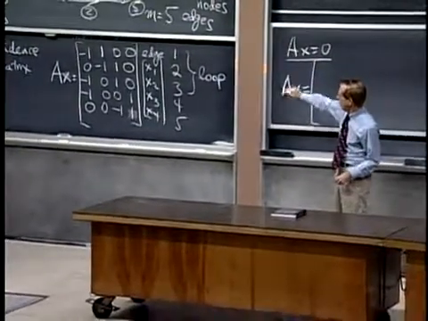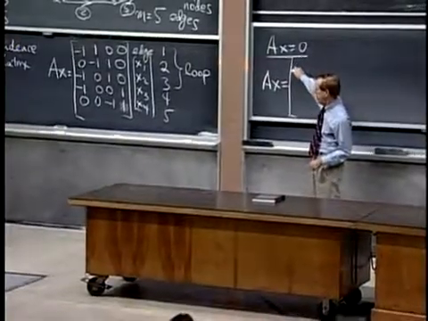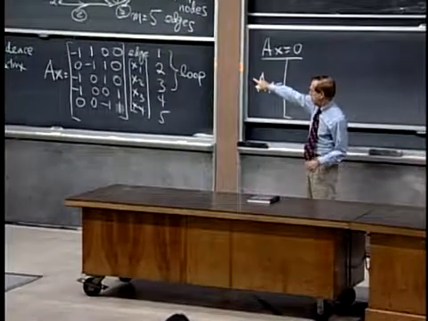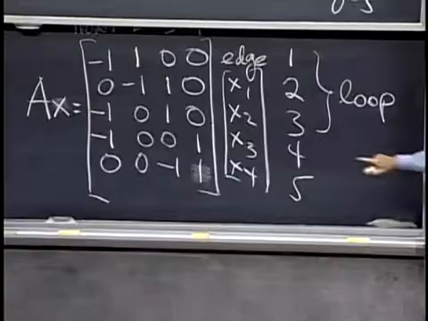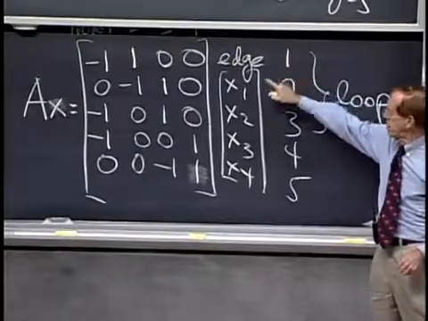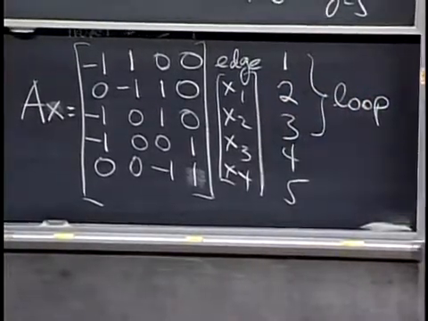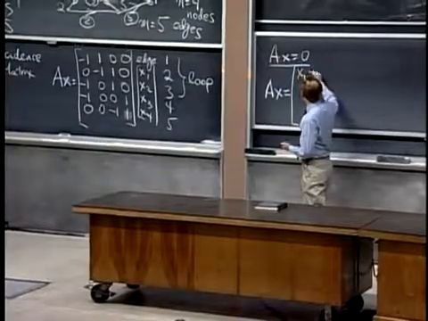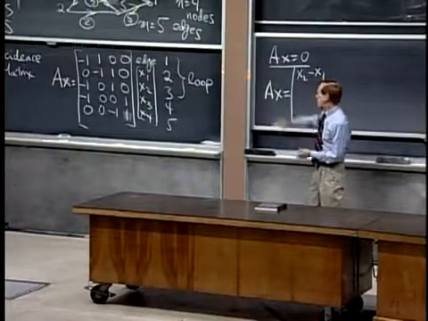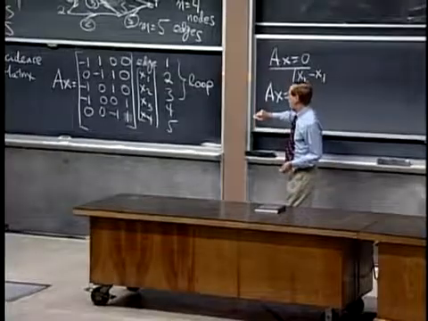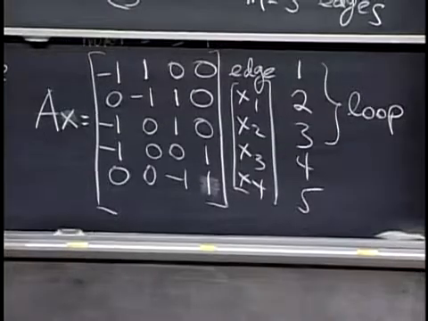Ax equals, what's the first component of Ax? Take that first row, -1, 1, 0, 0, and multiply by the x, and of course you get x2 minus x1. The second row, I get x3 minus x2.